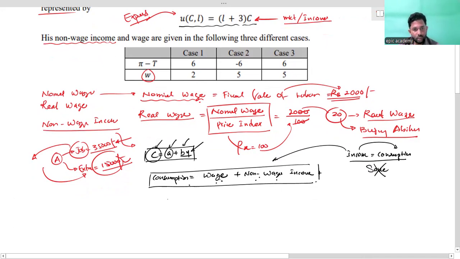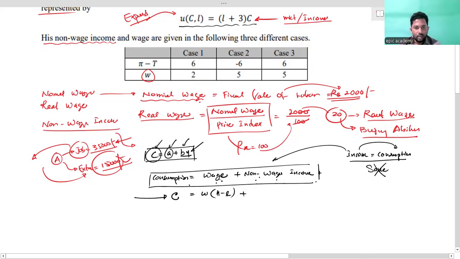Consumption means C. Wage means real wage, which we already got in the previous question. How can we earn money? By working as a worker in any kind of organization, giving labor. But it depends on H minus L, where L means leisure hours, which we already calculated in question number 1.